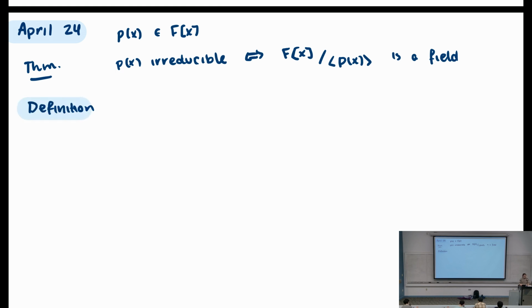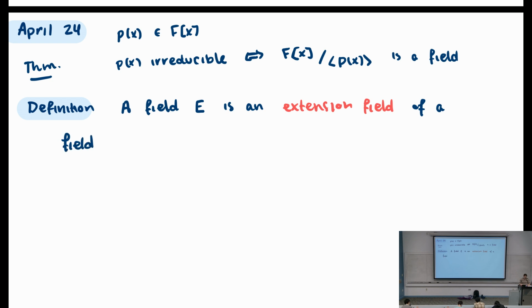So we'll say a field E is an extension field of a field F if F is contained in E and the operations on F are the same.